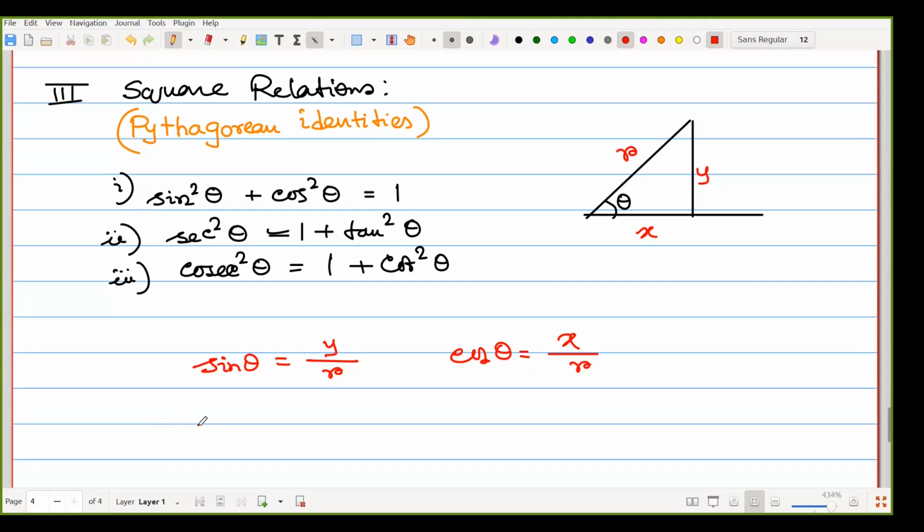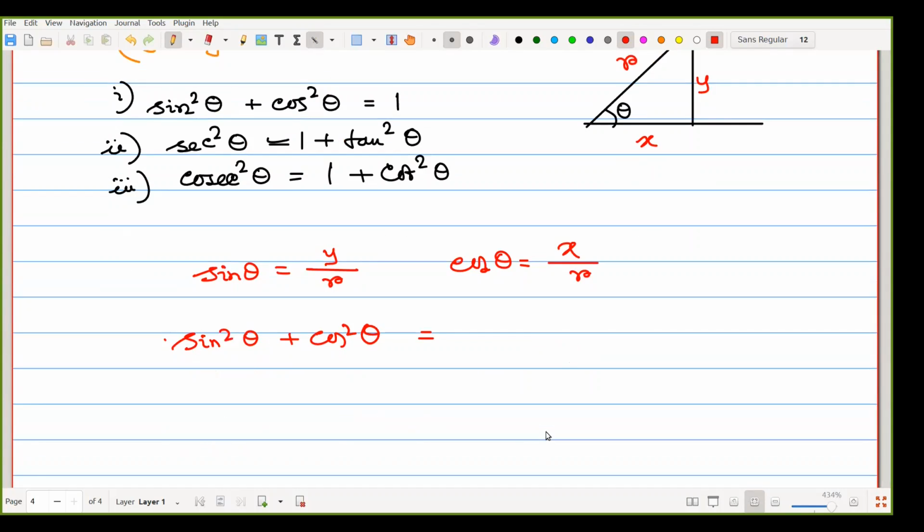So we can write here, from sine square theta plus cos square theta, that means y by r whole square plus x by r whole square. Okay, and that is equal to 1.